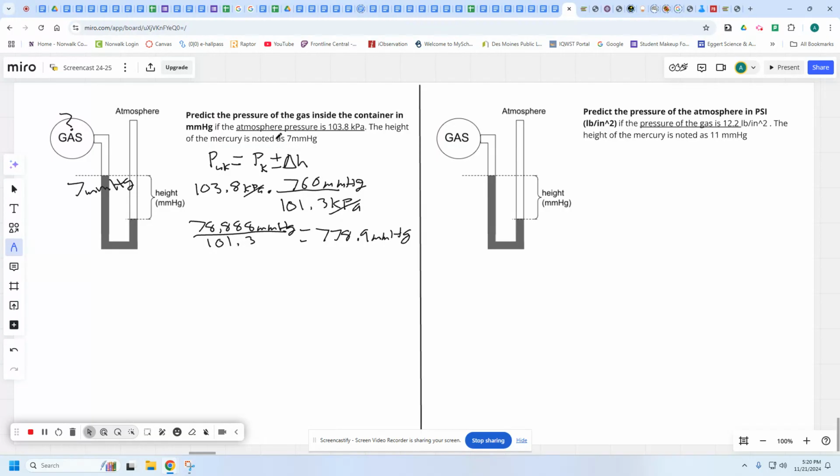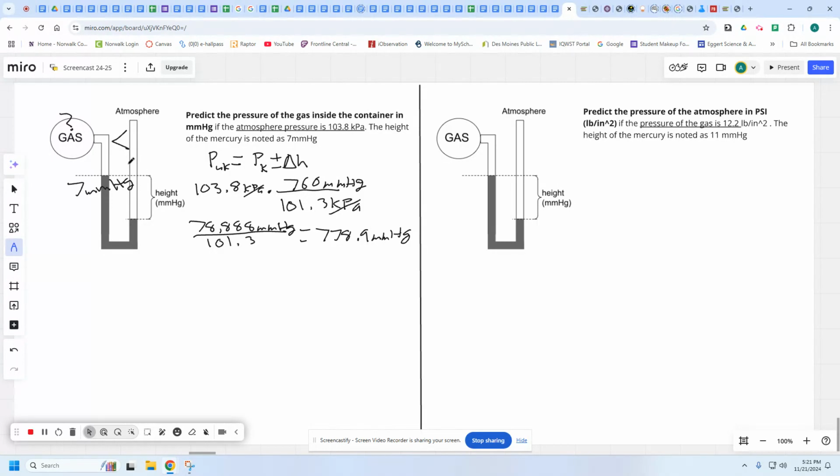So now we've got to conceptually decide if we're going to add those two or subtract them. And you have to go over and mark on your manometer if the atmosphere side is under more pressure or less pressure. Most students will tell me that the atmosphere is under more pressure. I don't want you guys simply to say that because the level of the mercury is lower.